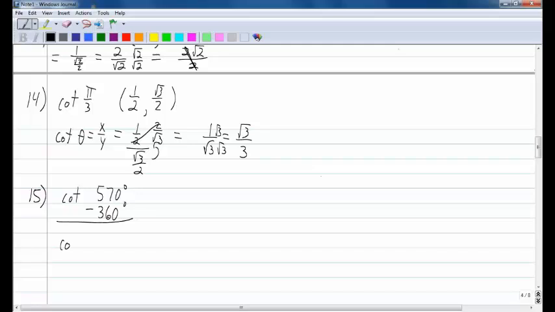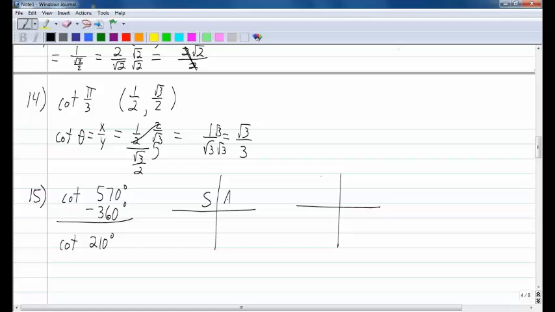So that's the cotangent of 210 degrees. Alright, so we need to figure out the reference angle for 210 degrees, and we need to figure out if the cotangent of 210 degrees is going to be positive or negative.